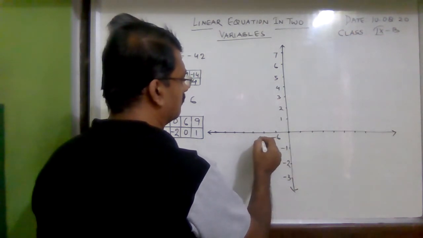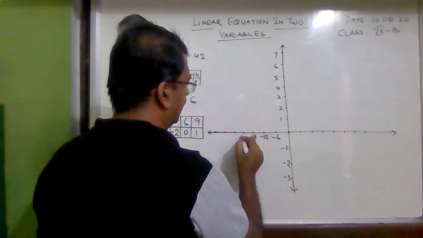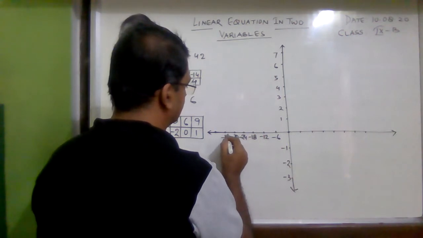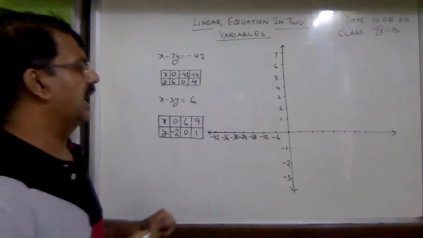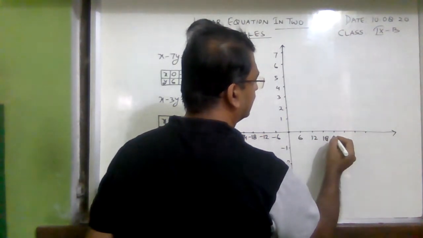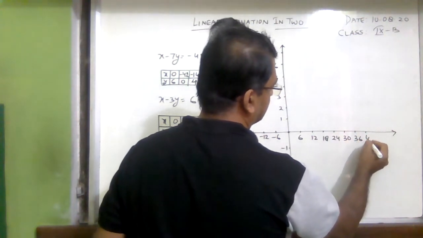Minus 6, minus 12, minus 18, minus 24, minus 30, minus 36, minus 42. And here it is 6, 12, 18, 24, 30, 36, 42.